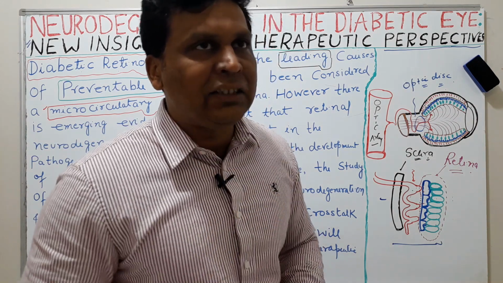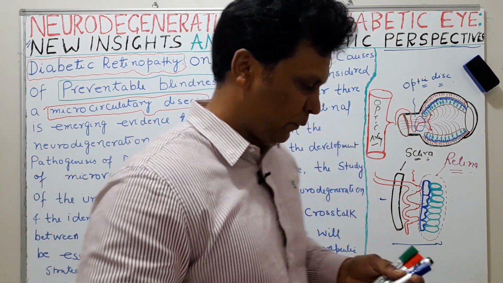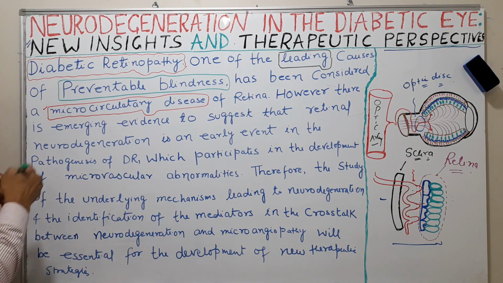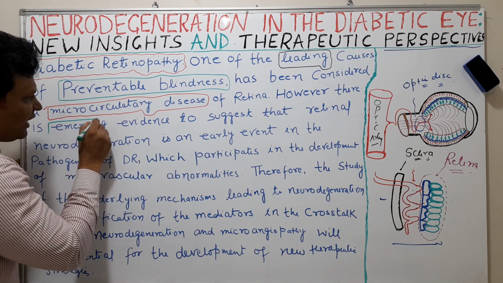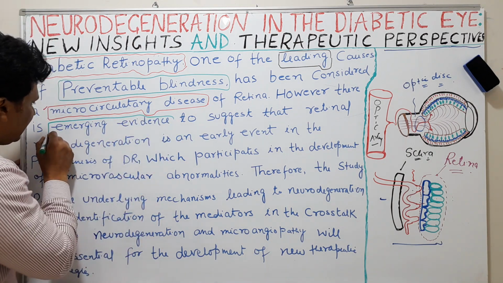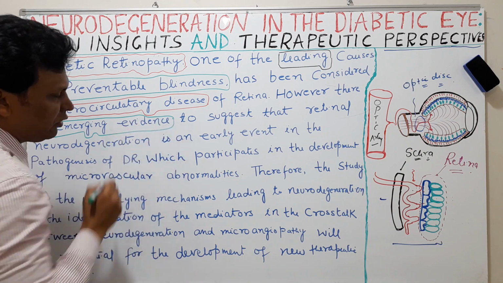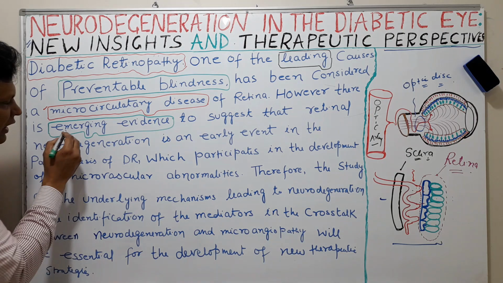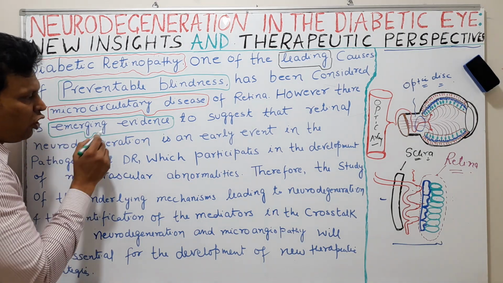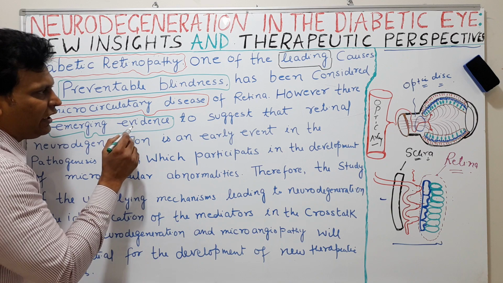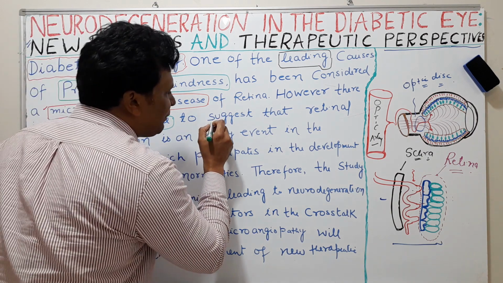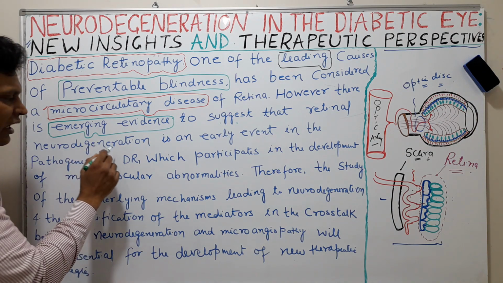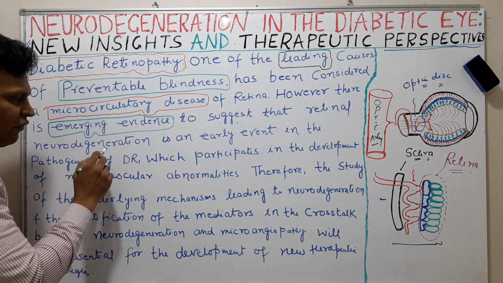Now the second line is very important. He's saying, actually, emerging evidence. Now you should know the meaning of emerging evidence. Emerging evidence means new or recently discovered information to suggest, propose, or advise that retinal neurodegeneration means damage to the nerve in the retina.